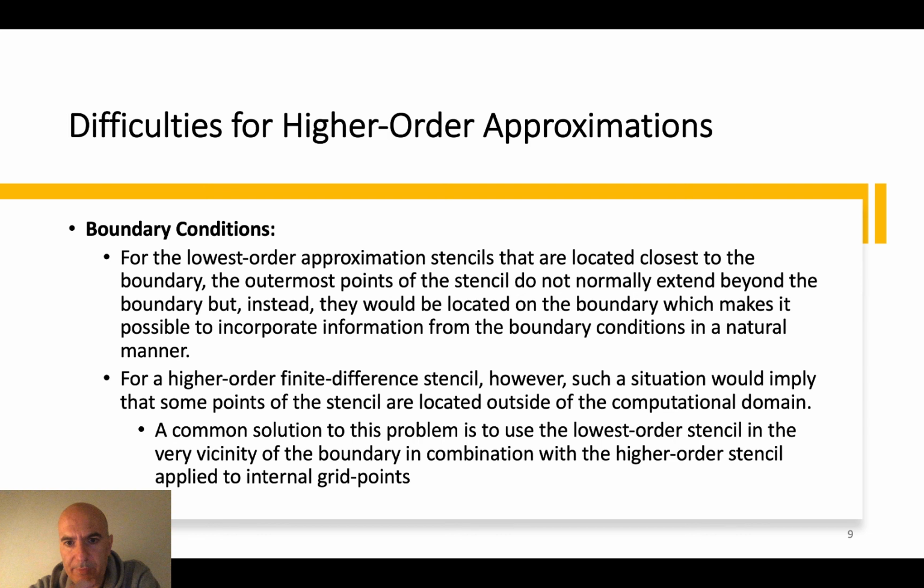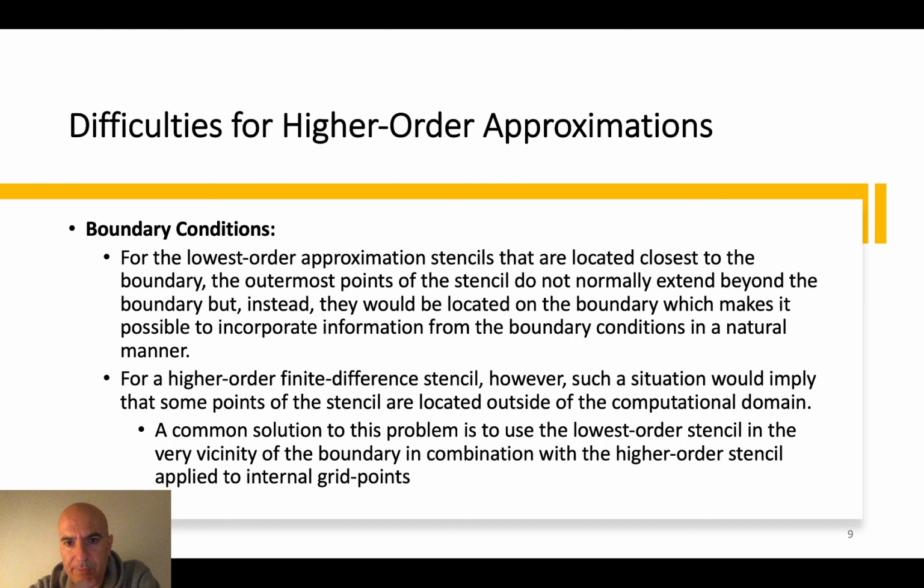A common solution to this problem is to use the lowest order stencil in the very vicinity of the boundary, in combination with the higher order stencil applied in internal grid points. How is this going to work? We have an internal point where we can have a larger stencil, for instance a stencil with five grid points.